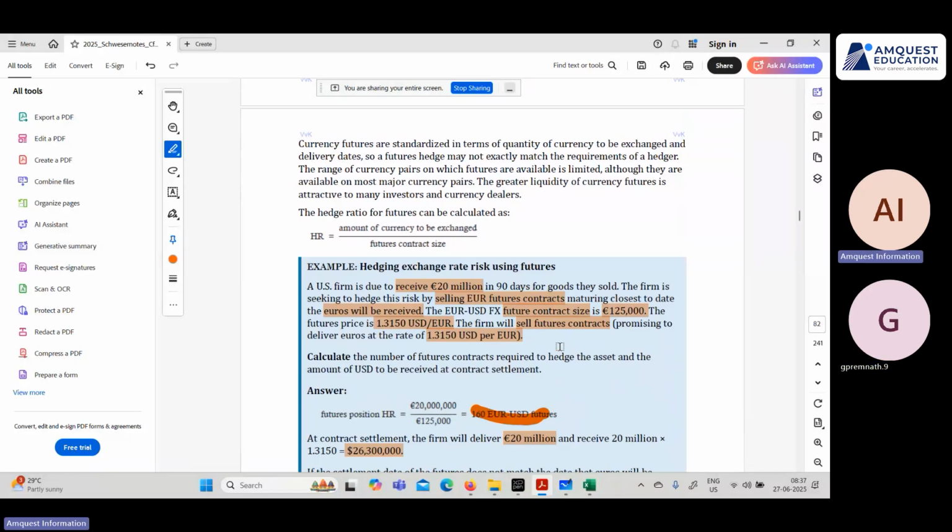But let's say I'm going to receive money in 95 days, but the futures contract available is of 90 days. Then obviously there will be a risk of those 5 days. What happens in those 5 days? Is that your question?